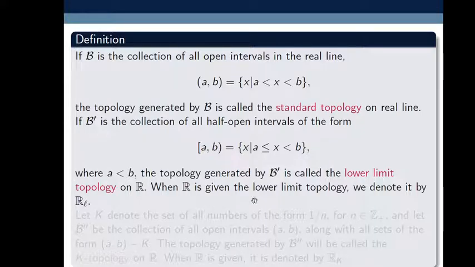When R is given the lower limit topology, we denote it by R suffix L. This is the notation for lower limit topology, and for standard topology the notation is simply R. R means the set of real numbers. Next definition.